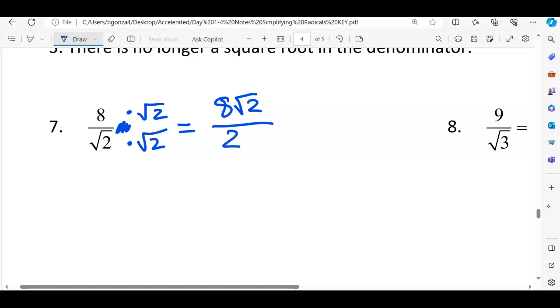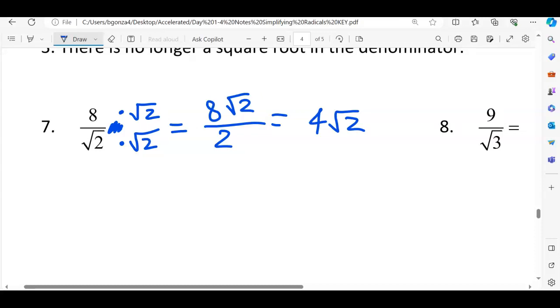Just 2, okay? Now here's the thing. Can I reduce this? The regular numbers, 8 over 2. What is 8 divided by 2? It's 4. So this actually does reduce to 4, and then write the square root of 2 next to it. That's it.